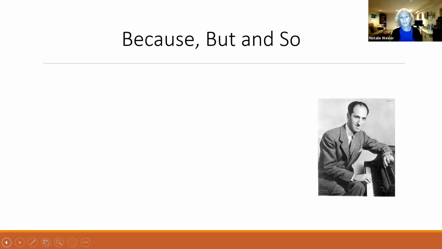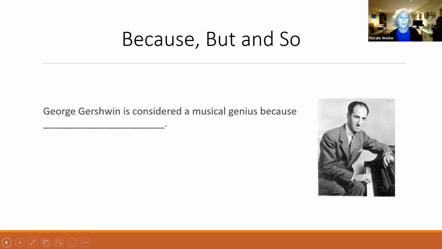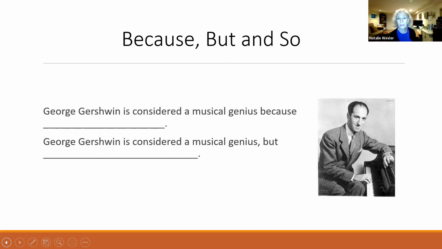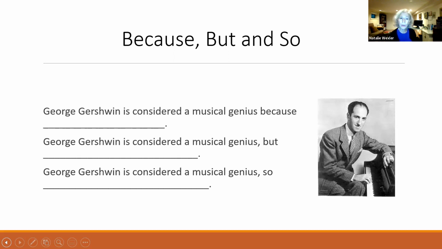So you could give students the following sentence stems. George Gershwin is considered a musical genius because, but, and so. Each of these sentence stems requires them to retrieve a different kind of information from long-term memory and put that information into their own words, thereby solidifying that information in long-term memory and making it more accessible in the future.